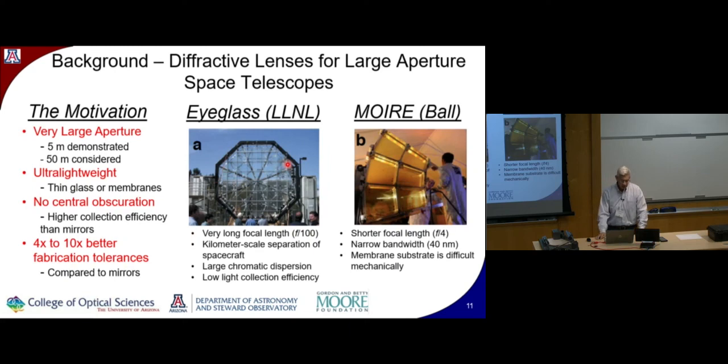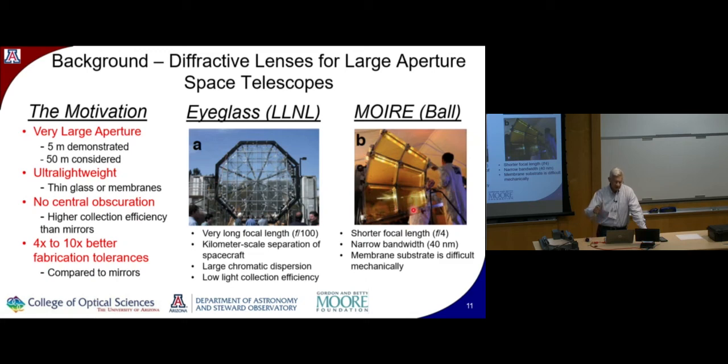Now, there has been a lot of work done on making huge diffractive Fresnel lenses. This one is at Lawrence Livermore, 5 meters in diameter, and with the application to space telescopes. This concept at Lawrence Livermore was called Eyeglass, and Ball Aerospace had something called the Moray program.